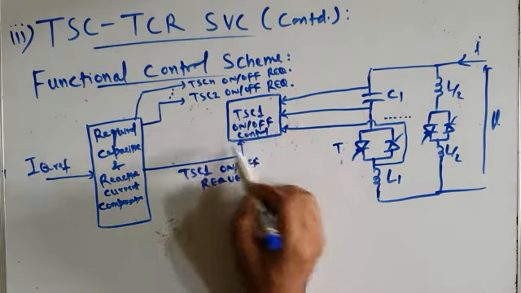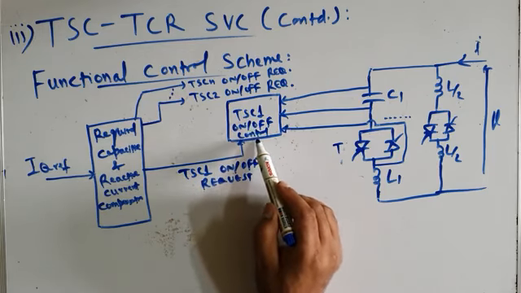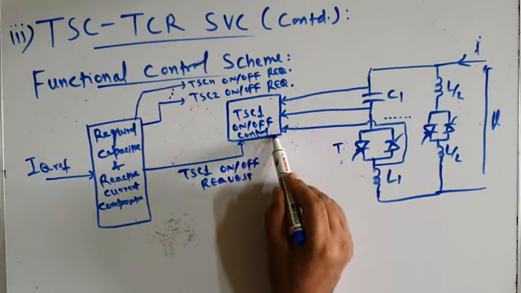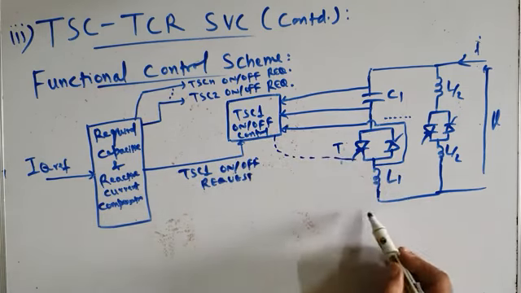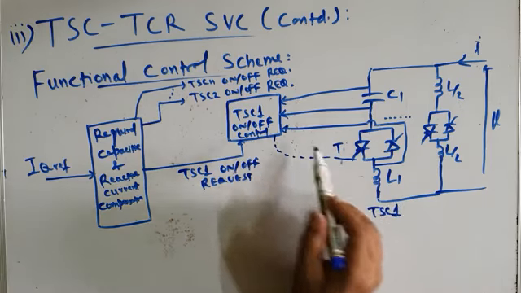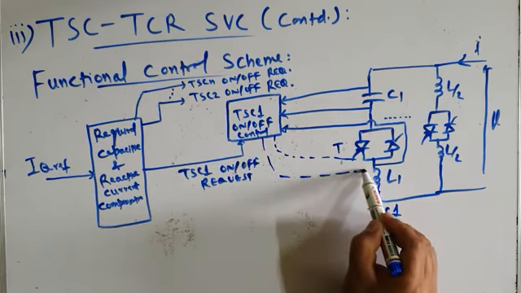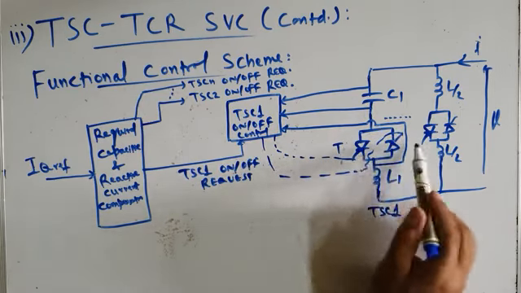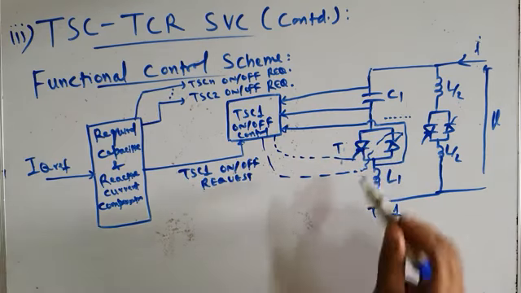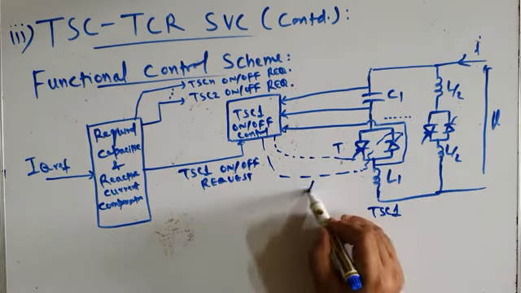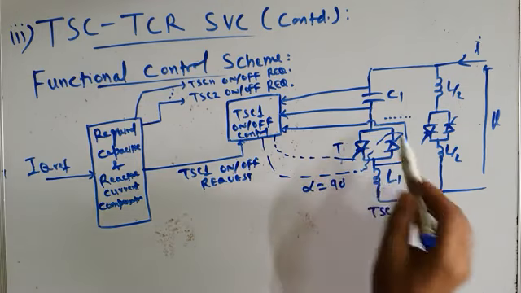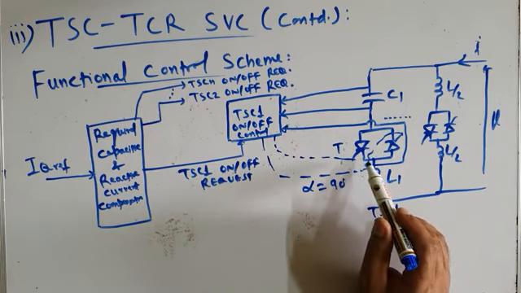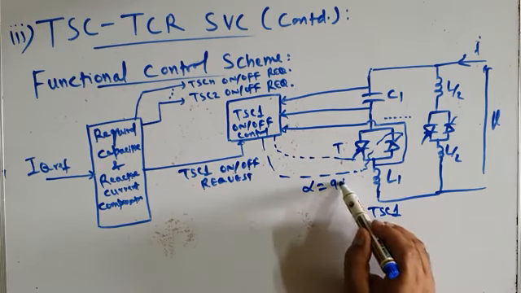In addition to this, whenever this TSC1 on-off control gets a request, it will issue the control pulses for the firing of TSC1. This is our TSC1. I am showing the control pulses like this, and they will go to the gates of the two anti-parallel connected thyristors and turn the switch on, of course at alpha equal to 90 degrees, because when TSC turns on, it turns on fully, and for that alpha is equal to 90 degrees.